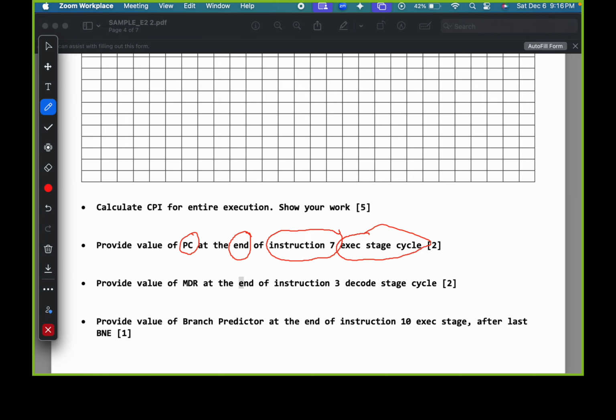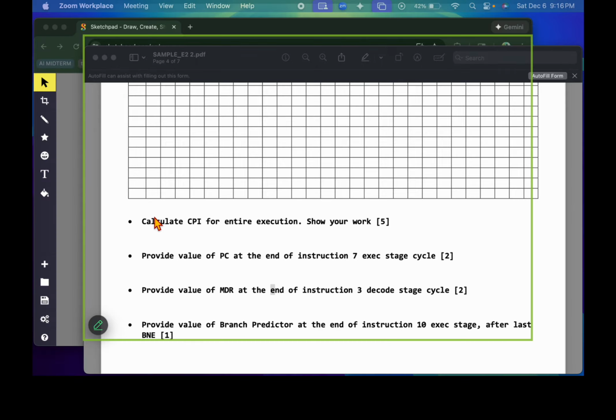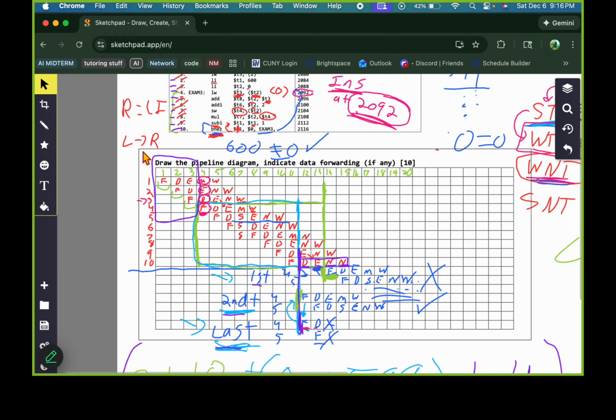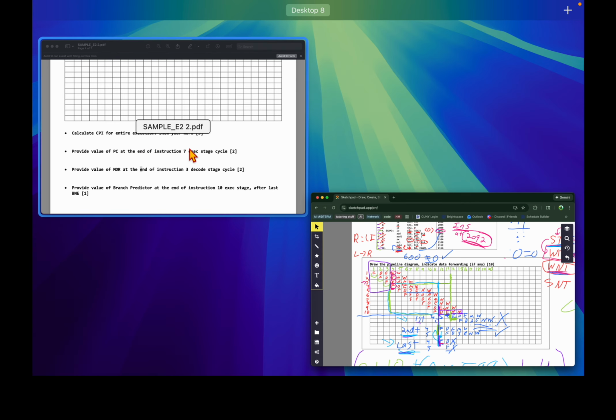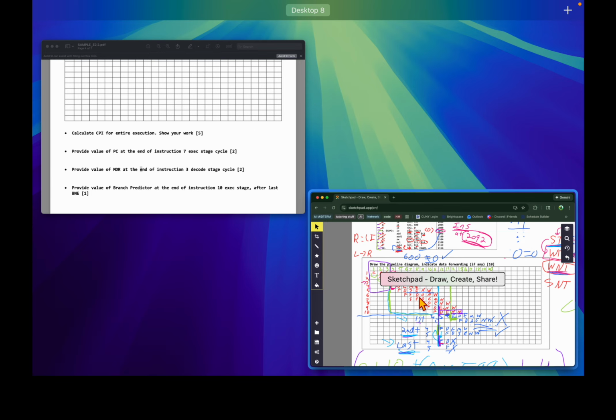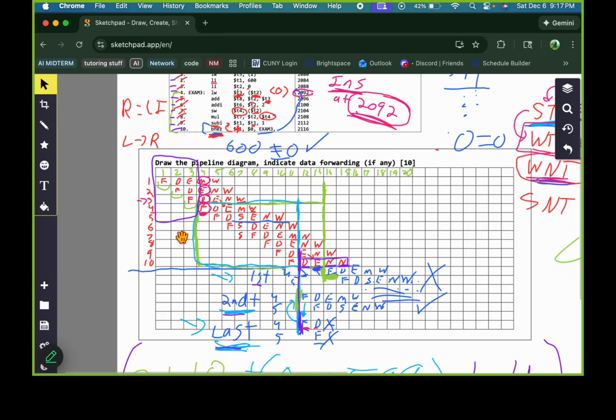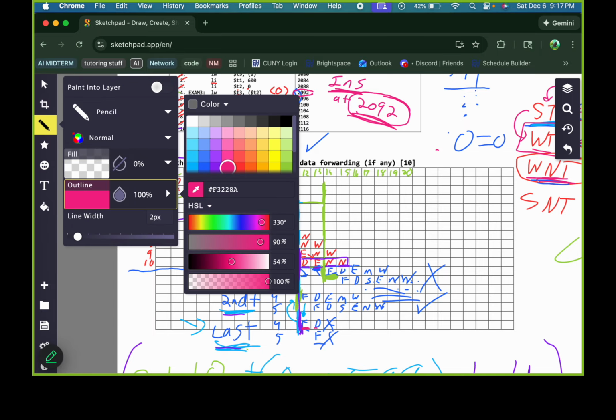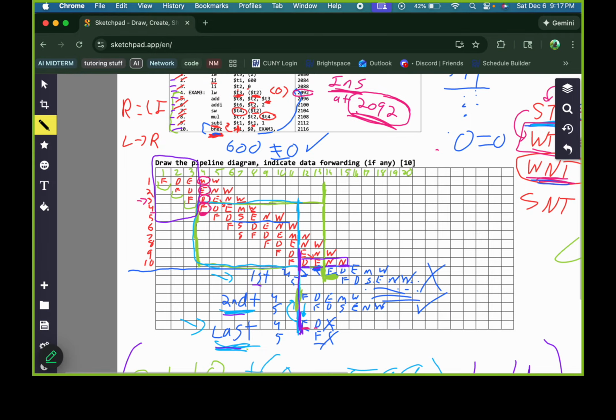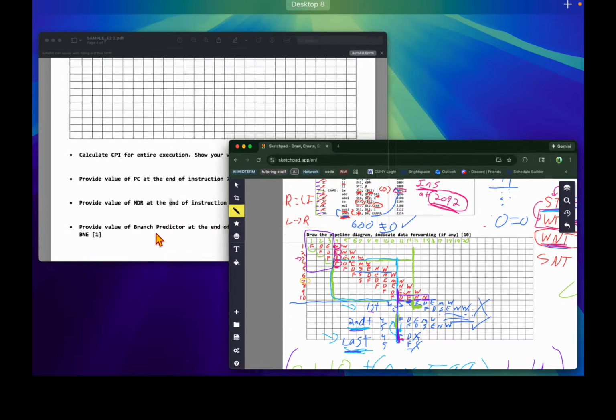So let's break this down one more time. Let's start out with the program counter one. With the program counter one, we know that we're looking for the end of instruction 7's exec stage cycle. Okay, instruction 7 is over here. Let me change my color again. And this is going to be their exec stage.